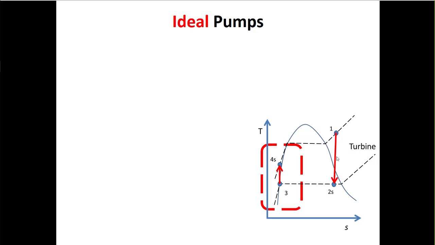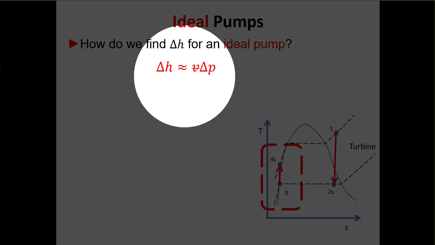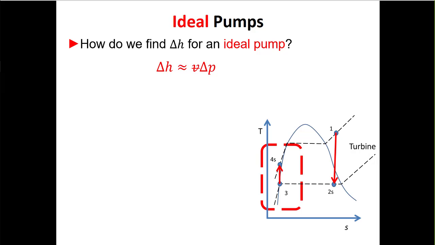We have all these different equations to find things like delta H, but for an ideal pump, we have a special relationship: the change in the specific entropy is approximately equal to the specific volume, and it doesn't matter which state because we'll assume they're about the same, multiplied by the change in pressure.